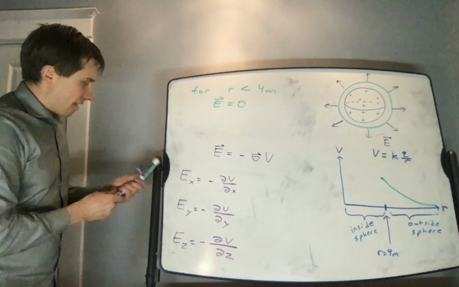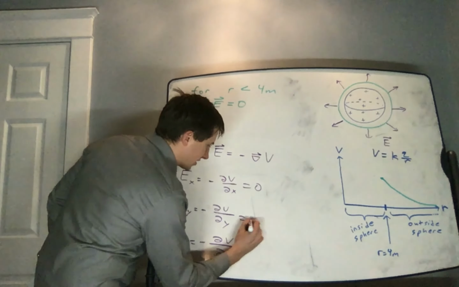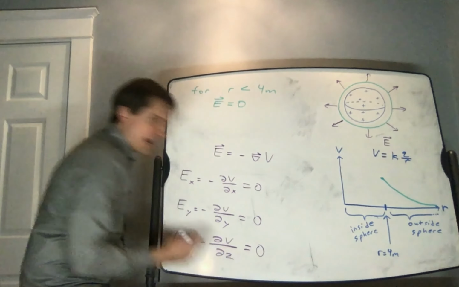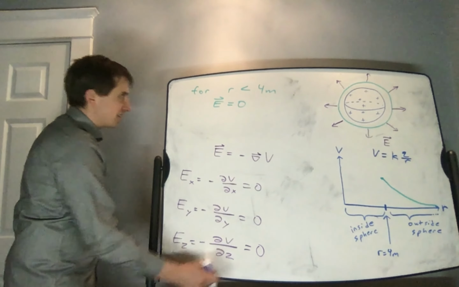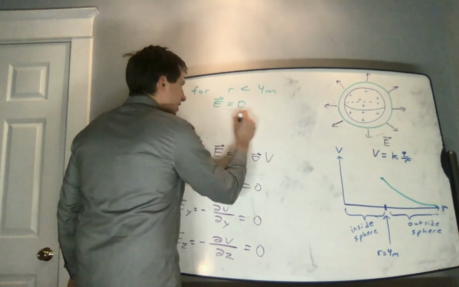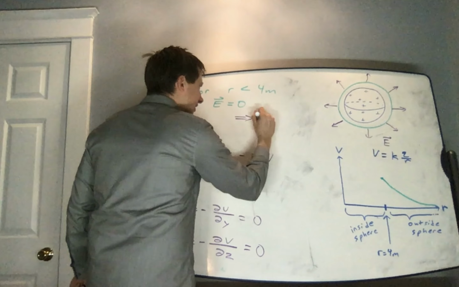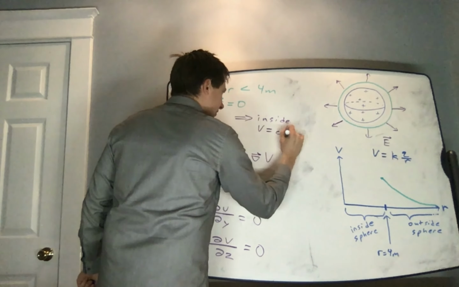Well, I need to have these terms equal 0 for all points inside the conductor. And the only way I could do that is if V is a constant. So requiring that E is equal to 0 implies that inside, V is constant.